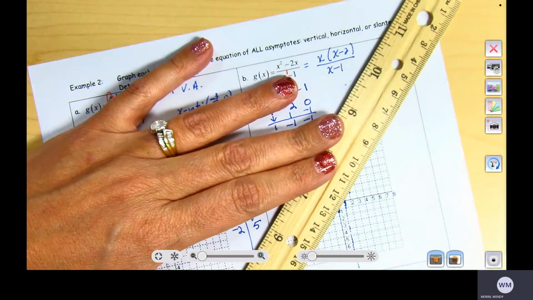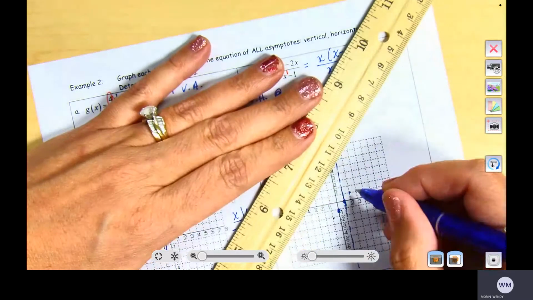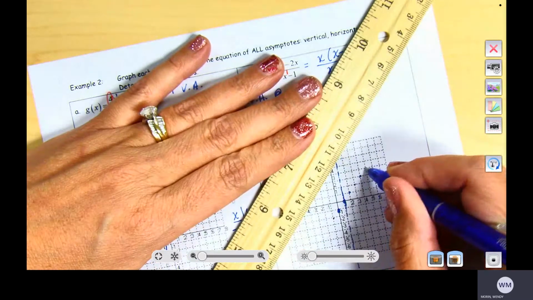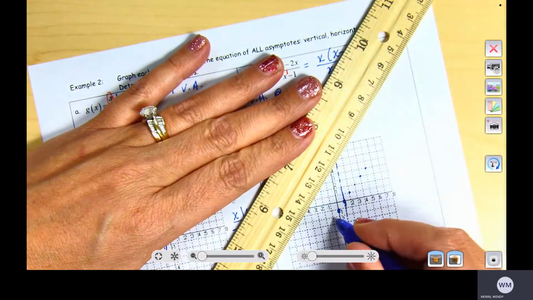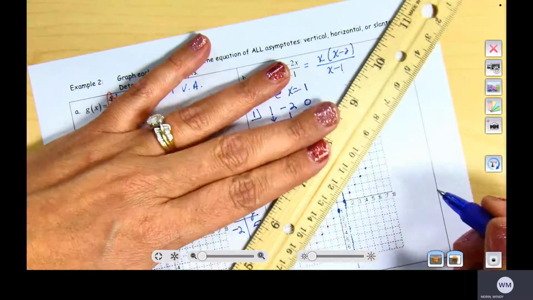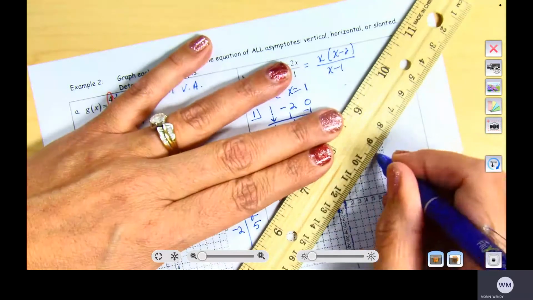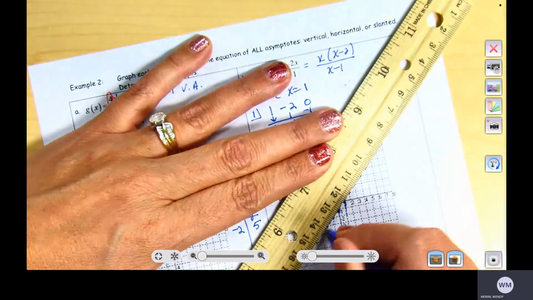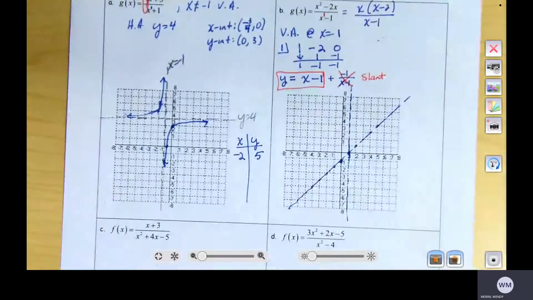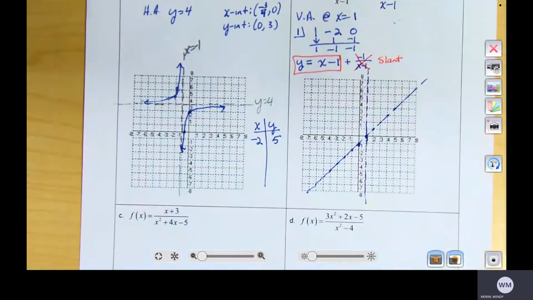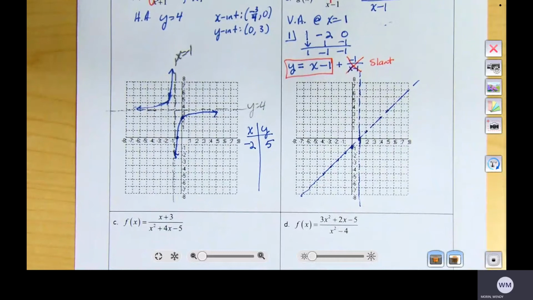Oh, we still will mess up. So 1, 1, 1, 1. I don't want to miss anything. All right, there we go. So again, there are your guides for your graph, and something's going to happen with those.